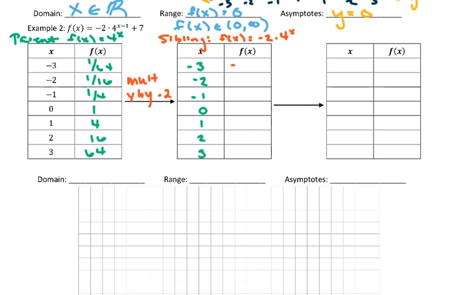So now you have -2 over 64, which is actually -1 over 32. And don't forget to reduce those fractions.